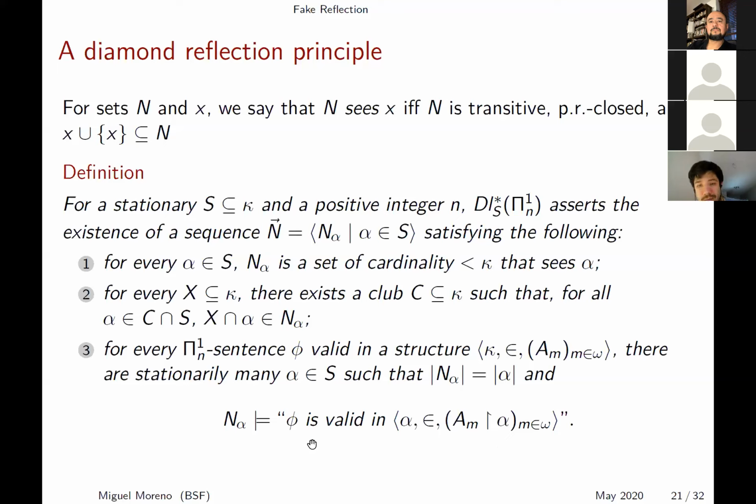So you need enough set theory to define the satisfaction relation. You don't need models of set theory for that, you need much less, and PR closed is perhaps exactly what you need to define some kind of fake notion of satisfaction. That is what is reflected from kappa to the N alphas, and it is also able to see that alpha behaves as some model of something, or some phi.